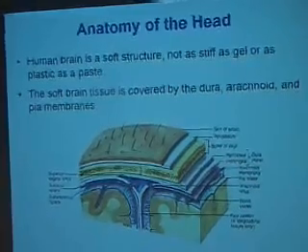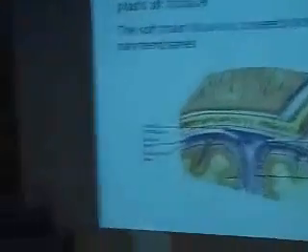Since it's so soft, it's protected by the skull. Now, when we say skull, it actually has many different layers. The outer part is the skin, and then we have different layers of different material structures, where the bone part, which we usually call the skull, and then other softer layers provide a cushion to protect the brain inside.